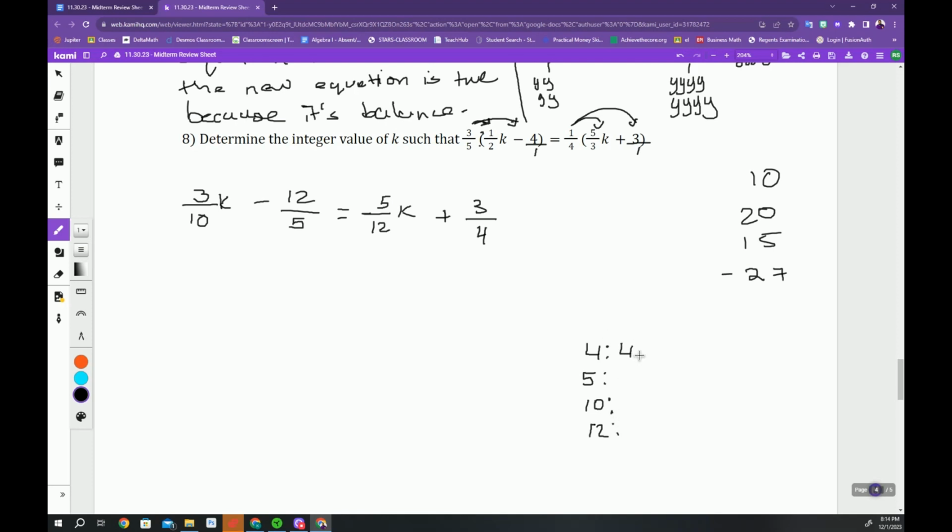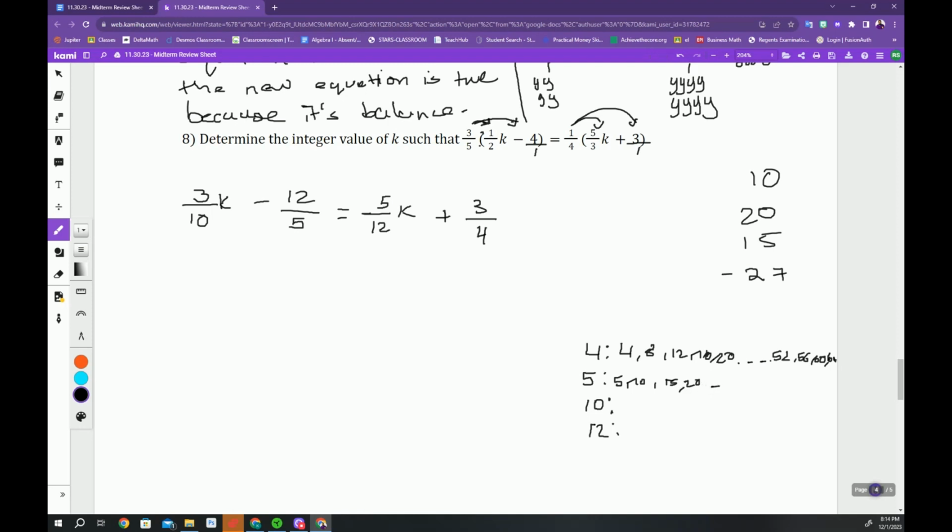Well, let's do 4, 8, 12, 16, 20. I'm going to keep going. I'm going to skip ahead because I know what value we're looking for. But let's say we have 52, 56, 60, and 64. But you keep going until you can find a common value. Over here we have 5, 10, 15, 20.